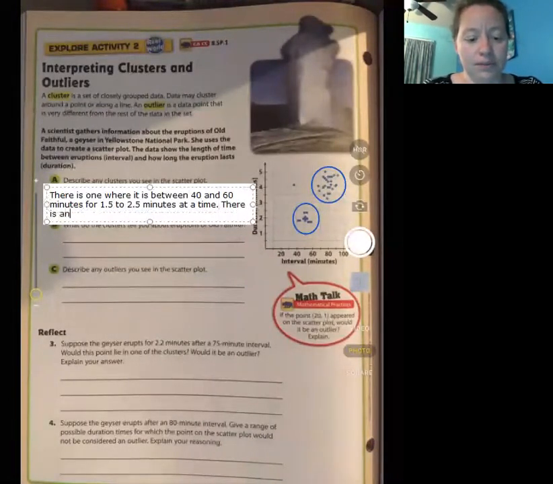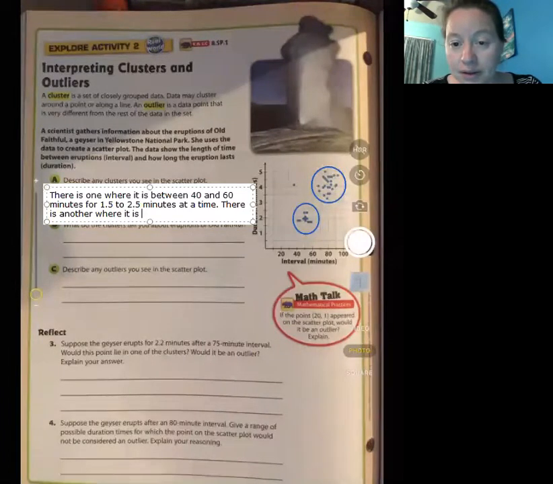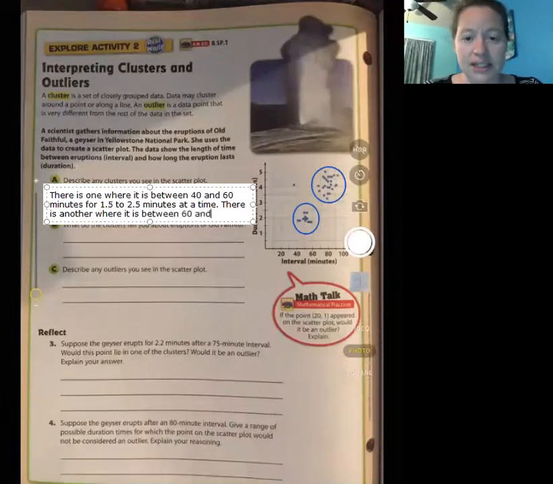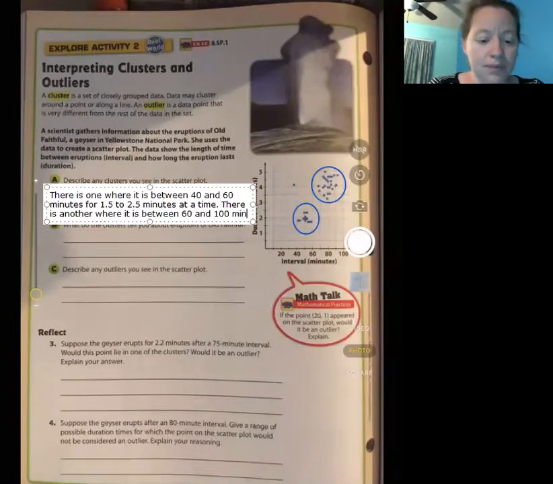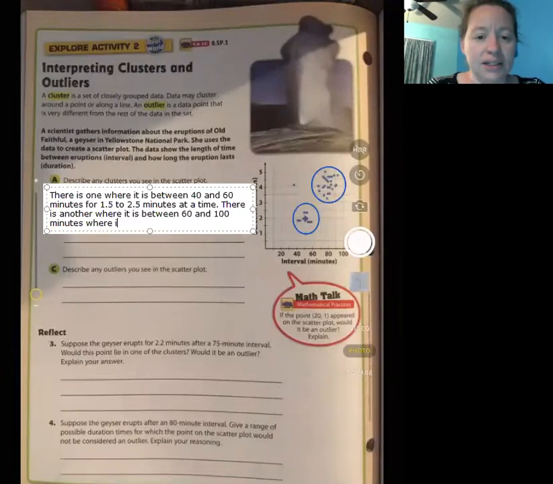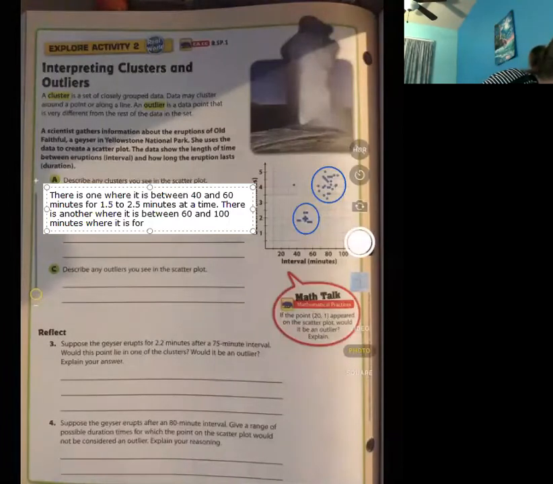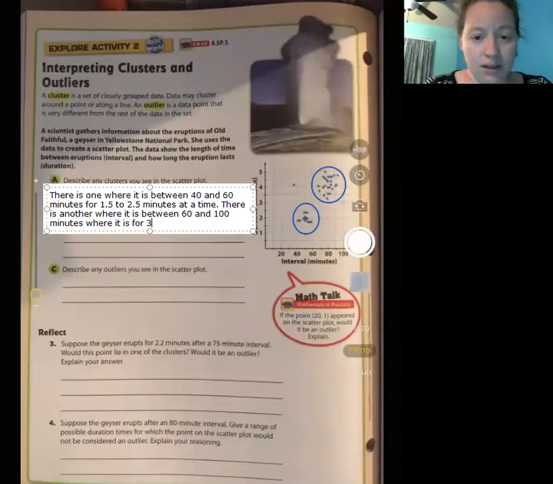There is another where it is between 60 and 100 minutes, where it is 3 to 5 minutes at a time.